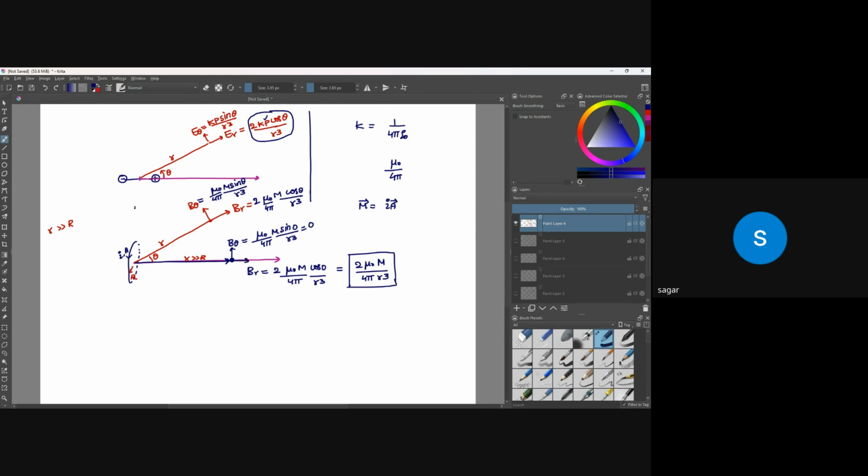Lastly, I can also ask you what is the field somewhere over here, again at a distance R from the center. Now, again, all you have to do is use the formulas for B_R and B theta.